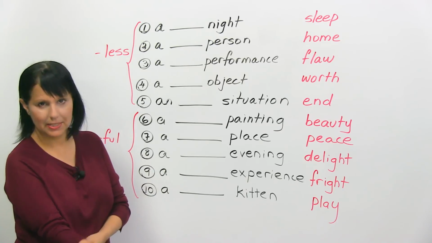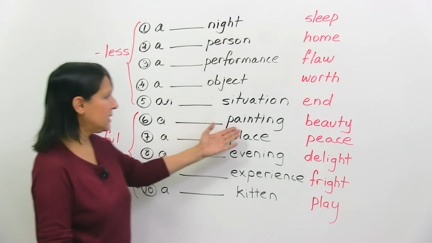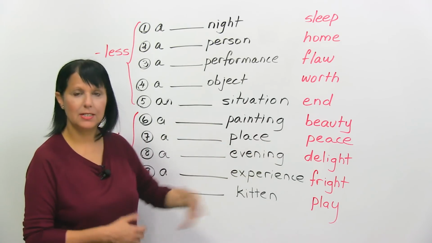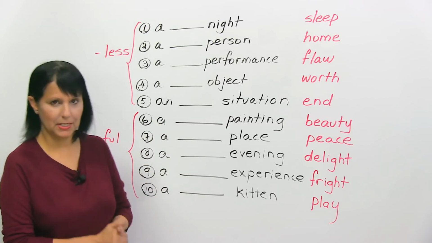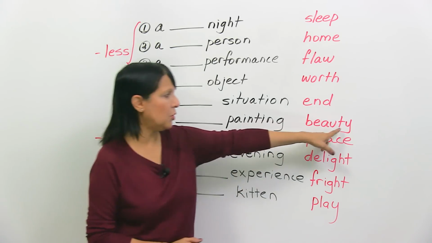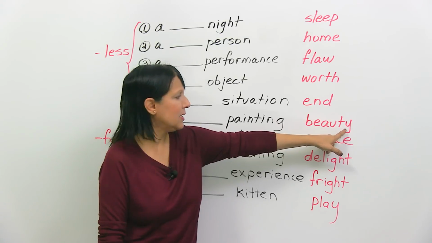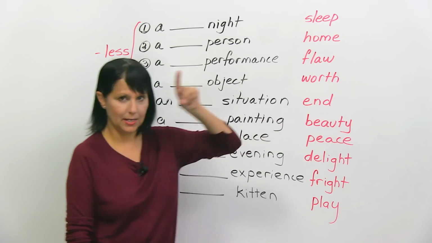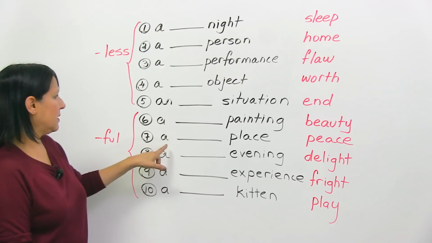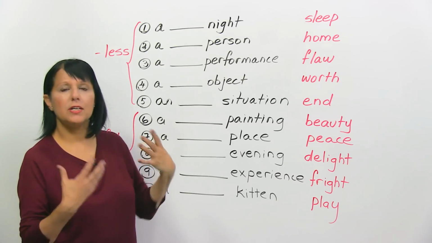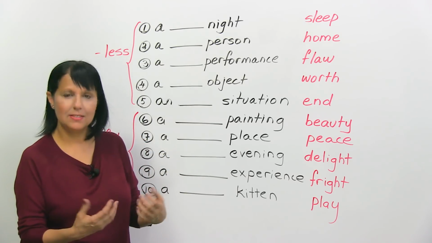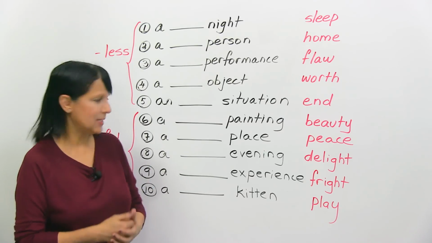We cannot add less. So a painting with a lot of beauty is a beautiful painting. Good. Just for you to know, here we change the spelling. We get rid of the Y and we add I. Okay?